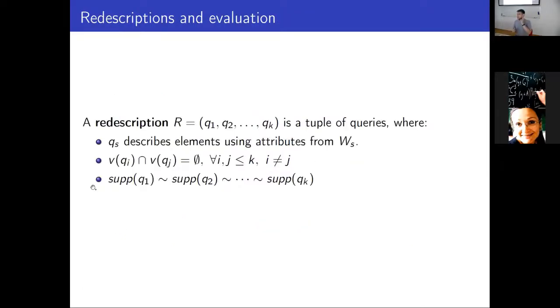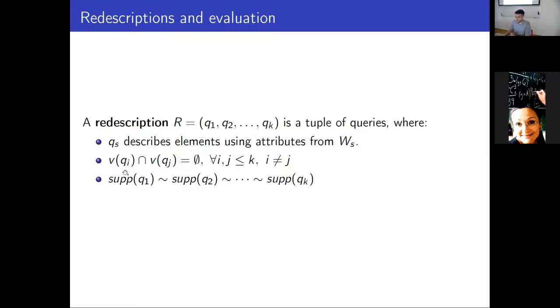Okay, so what is then a redescription? It is basically a couple of queries, and I will show what the queries are. It describes some set of instances in more than one way. That's why it is called a redescription. It describes in multiple ways. So what needs to be true for this redescription?